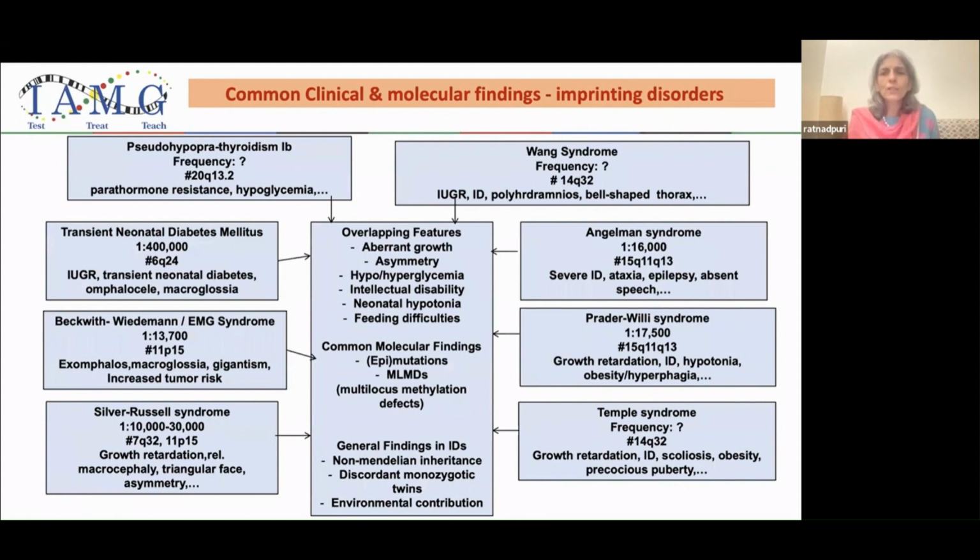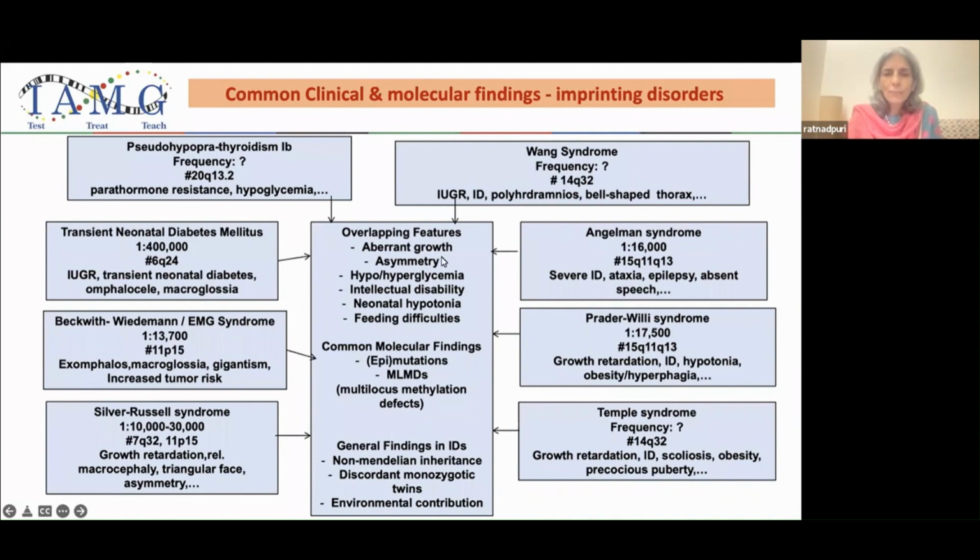So finally, to conclude, I have talked about the 4 common disorders that occur as a result of imprinting: Angelman syndrome, Prader-Willi syndrome, Beckwith-Wiedemann, and Silver-Russell. There are many other disorders, and I've just put them together in my concluding slide, just to give you an idea on how to approach these disorders.